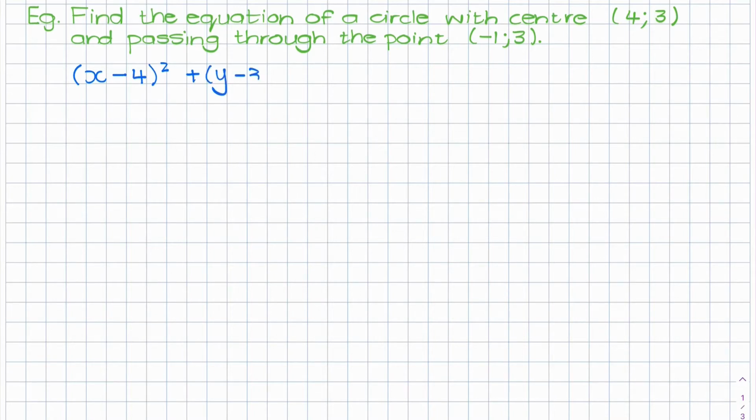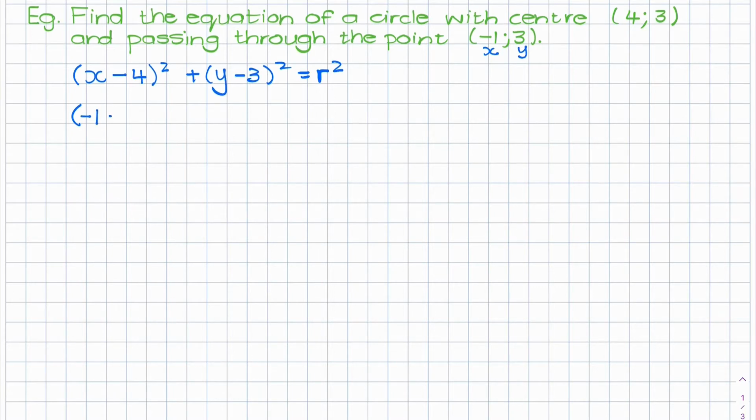And then once we've done that, we can look at the point that we're given, and that is actually an x coordinate and a y coordinate. So we can substitute those coordinates in place of the x value and the y value in our expression, and we use the same signs that we're given for the substitution.